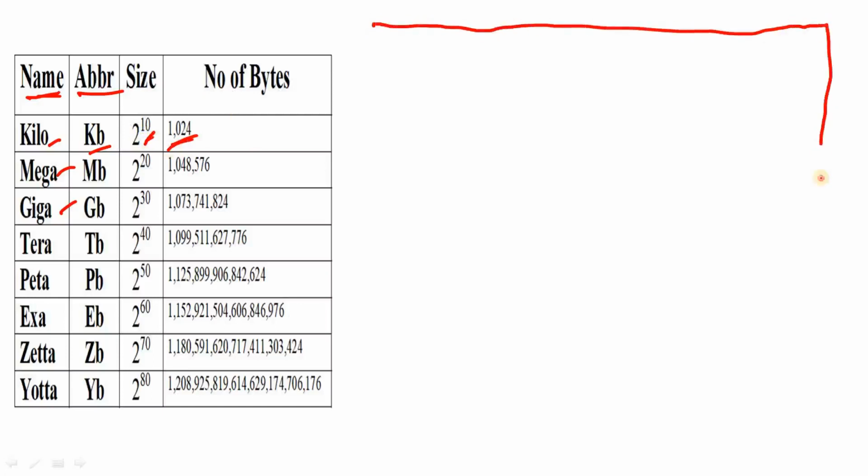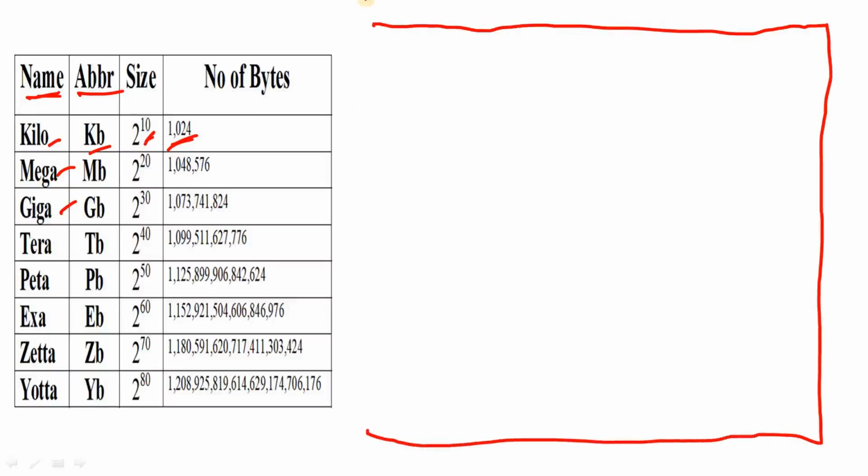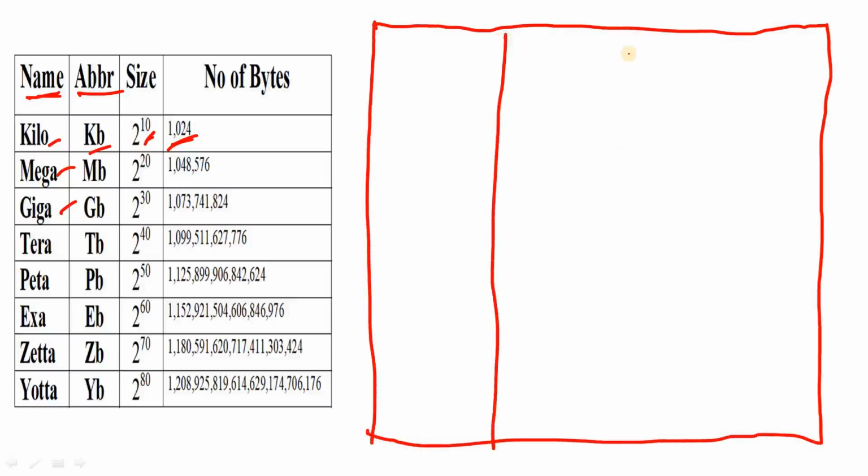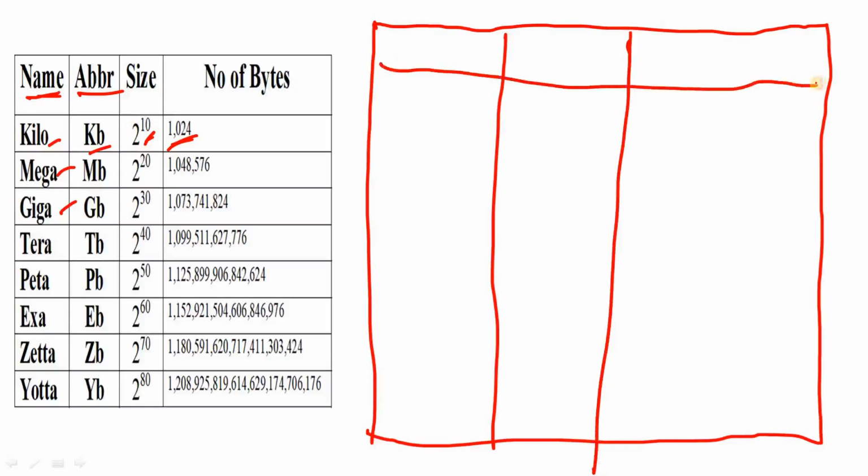This is very, very important in competitive exams. So we are going to divide it into 3 columns. First, the number of address lines.